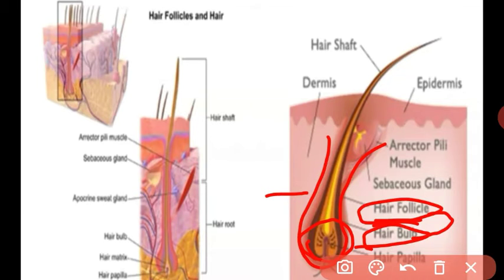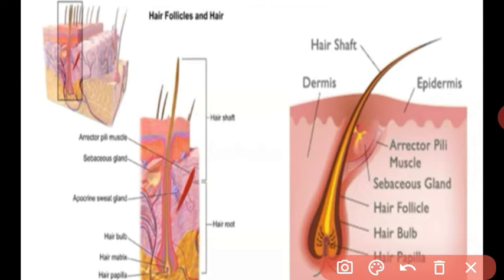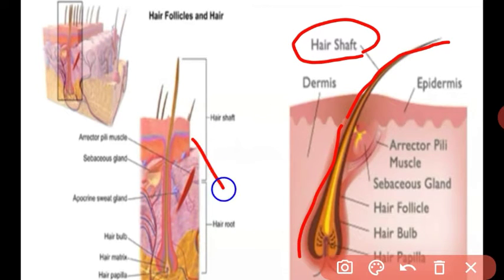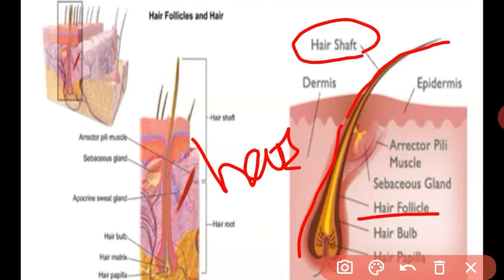Got it, student? What is the structure of hair? The hair consists of three main parts. This part is called the hair shaft, and this part is called the hair root. The hair root contains hair follicles, the part enclosing the hair root.